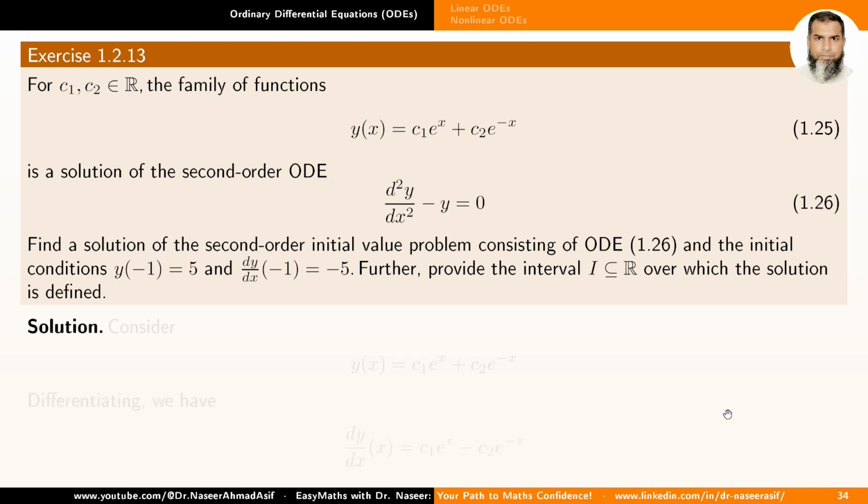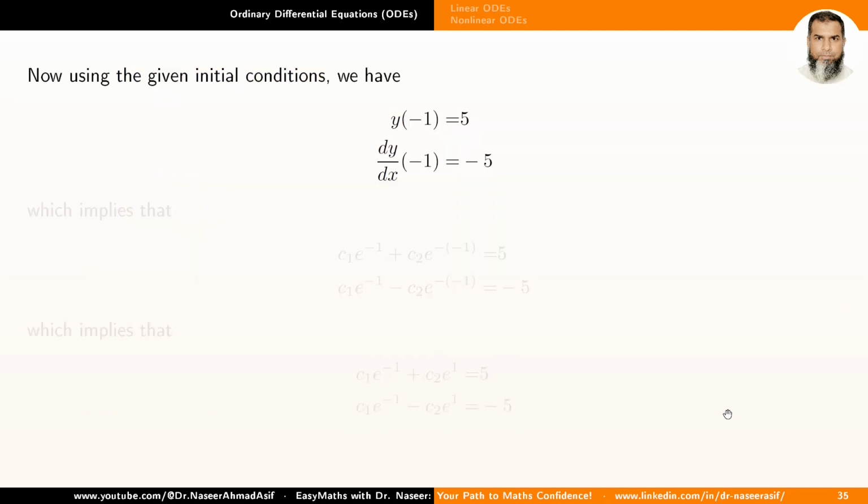Well, see solution. Consider y of x equal to c1 exponential x plus c2 exponential minus x. Differentiating, we have dy by dx of x equal to c1 exponential x minus c2 exponential minus x. Now using the given initial conditions y of minus 1 is equal to 5, dy by dx of minus 1 is equal to minus 5.